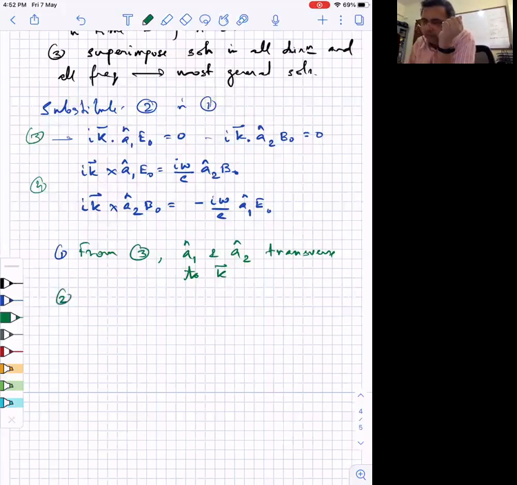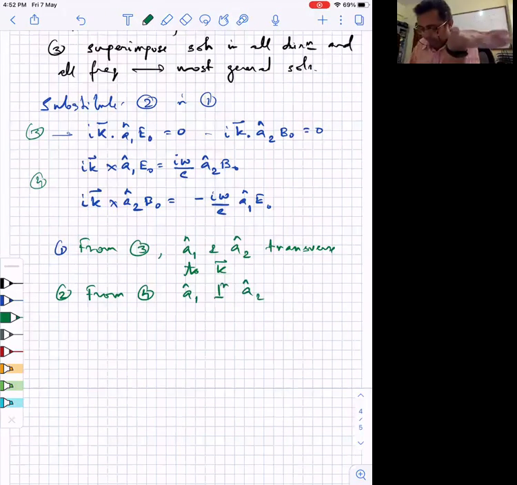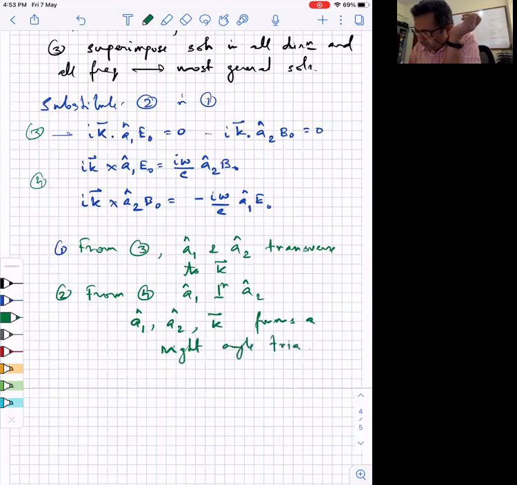Then from the cross product of the two bottom equations, from 4, you will see that A1 cap is perpendicular to A2 cap. So therefore, the thing that we knew beforehand, and also did in that speed of light lecture, is that A1 cap, A2 cap, and K form a right angle triad.